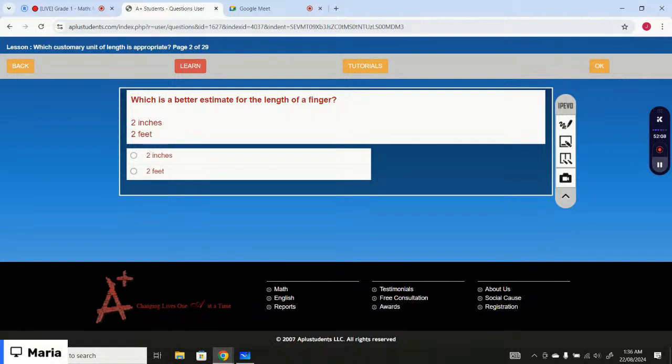Which is a better estimate for the length of a finger? 2 inches or 2 feet. So, which is the correct option?